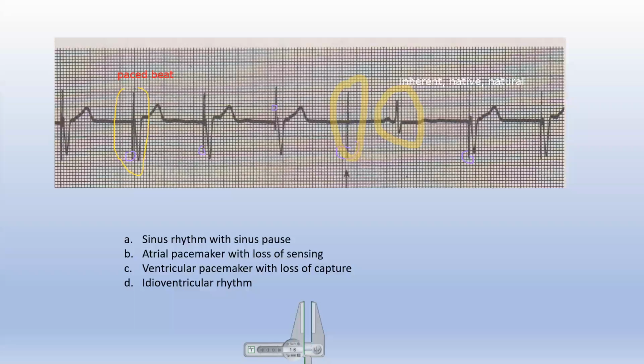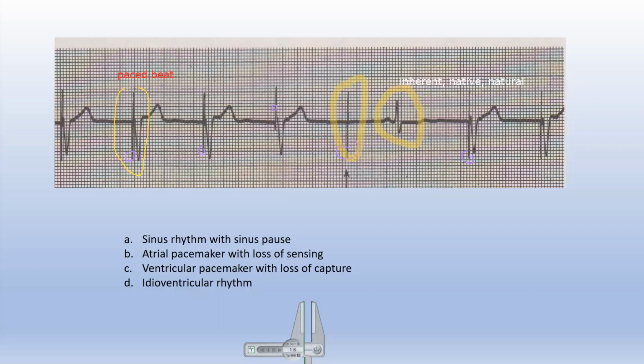This is significant. So the correct answer here is there is a ventricular pacemaker that has evidence of loss of capture. Loss of capture means to say that the electrical impulse that was discharged by the pacemaker was not sufficient enough to cause a response by the ventricles. And therefore, there is a pacing spike without the QRS complex.